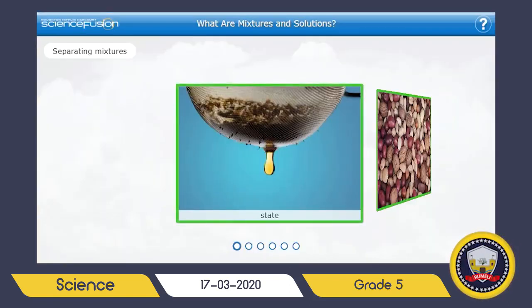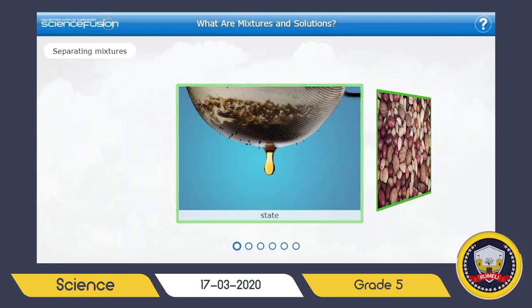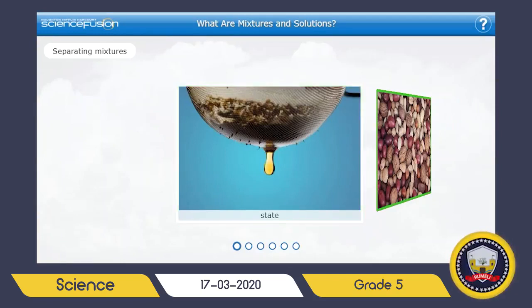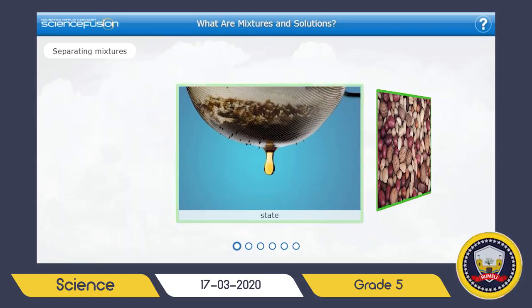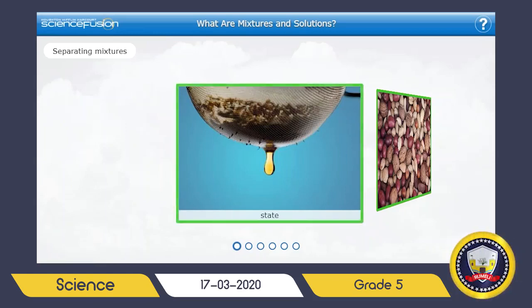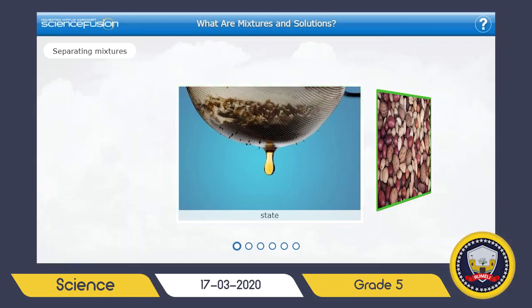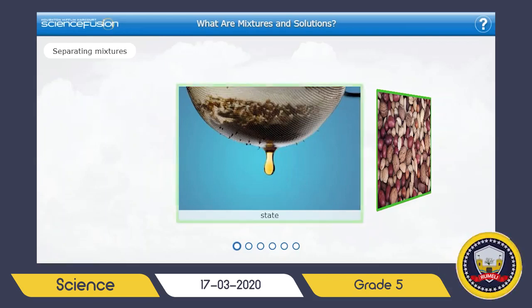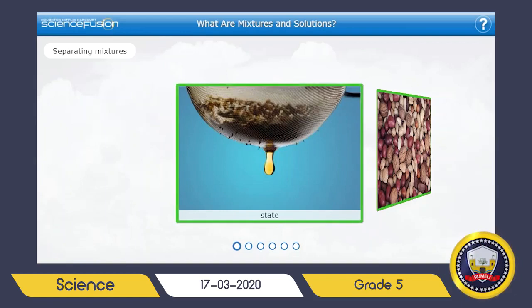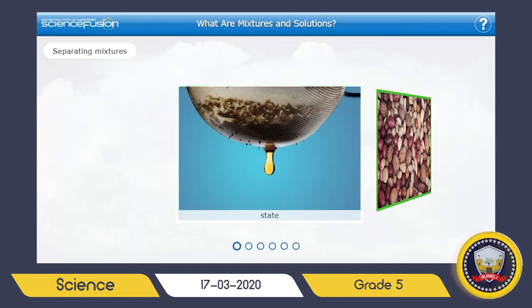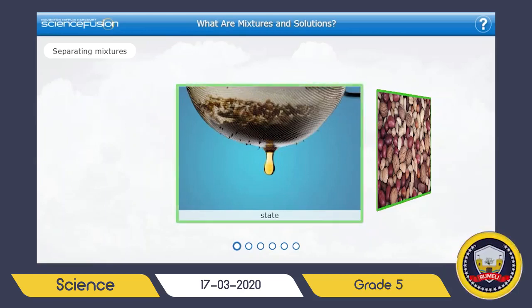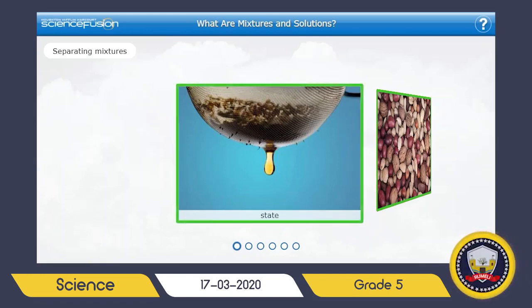On the other hand, separating mixtures will not be that easy every time. Imagine that you have a sand and water mixture. So you have a glass of water and you are putting sand inside this water. The sand will get wet, and because it has small particles, it will be really hard for you to take all these particles from the water one by one. So what can you use?